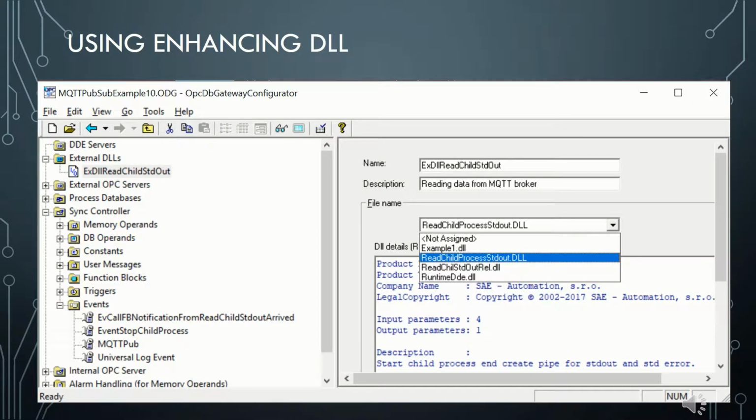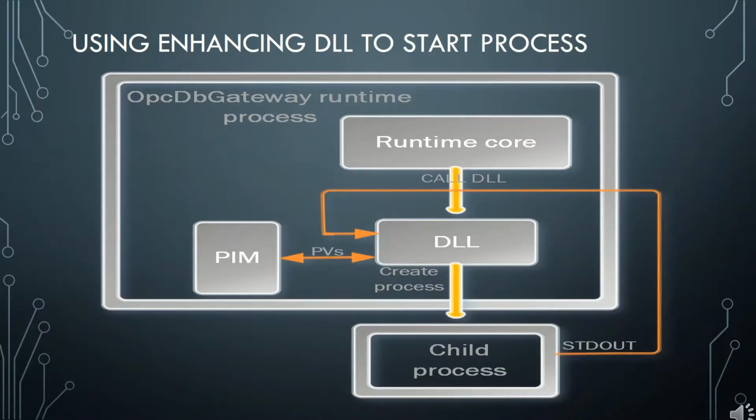The first step to configuring communications in the opposite direction is to select an enhancement DLL that allows us to run an external process and to process data from its standard output. To use the functionality of the chosen enhancing DLL, we have to configure the configurable command call DLL, and before that, set input parameters using other configurable commands.